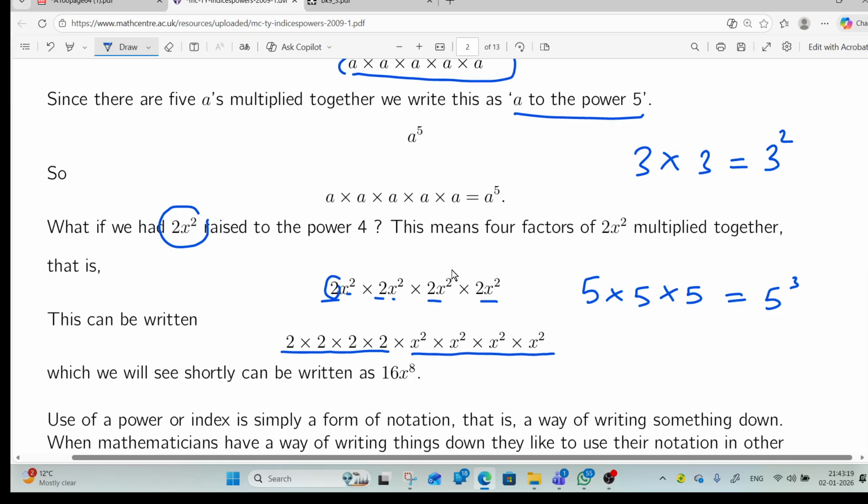If we multiply 2 times 2 is 4, 4 times 2 is 8, 8 times 2 is 16, so that's how we got 16. Now the powers are added, 2 plus 2 plus 2 plus 2 is 8, so we got 16x to the power 8. To solve these types of questions, we need to learn some rules of power.